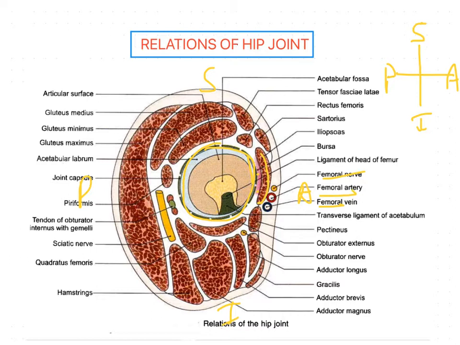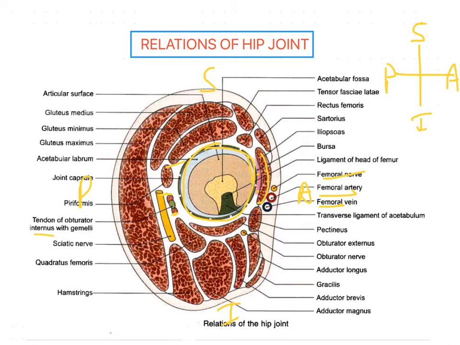Okay, if you see the posterior relations, from above downwards, normally it has the piriformis muscle. So posteriorly it is related to the piriformis muscle, and the gemellus superior and gemellus inferior.